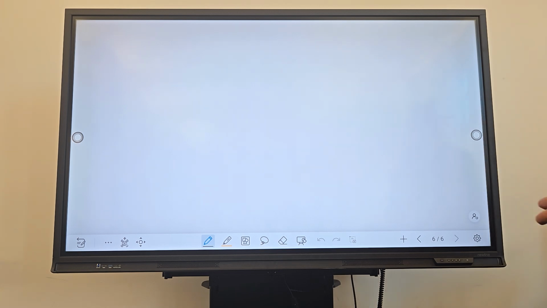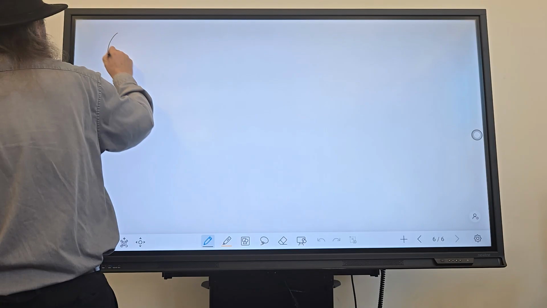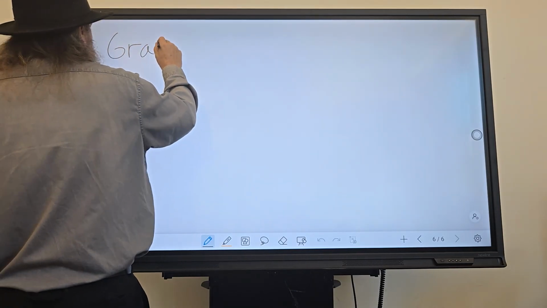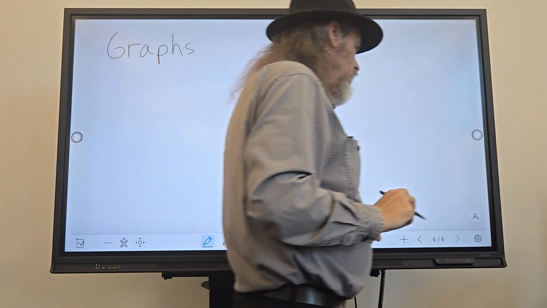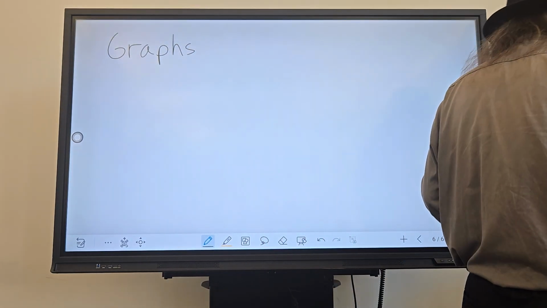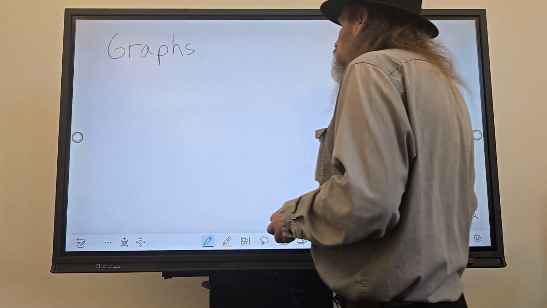Then we move on to graphs. This is the last section of chapter 1. Graphs contain a set of vertices and edges.